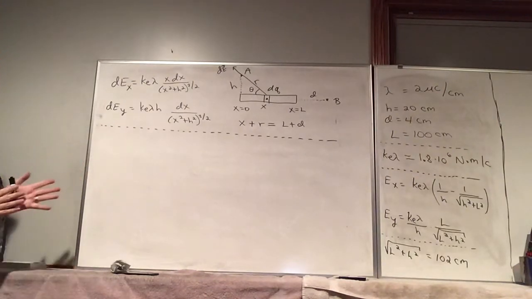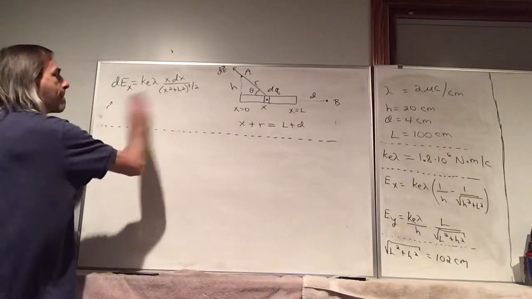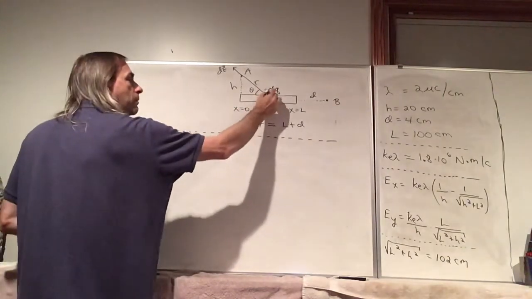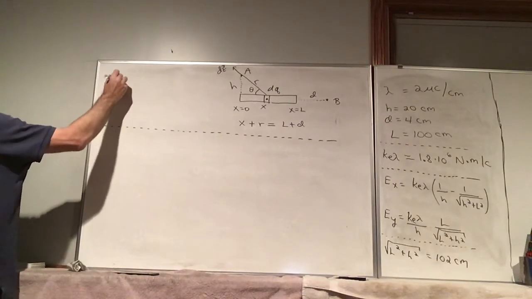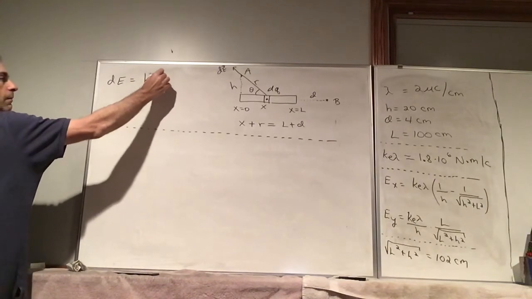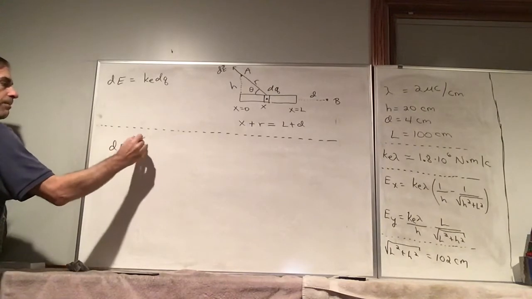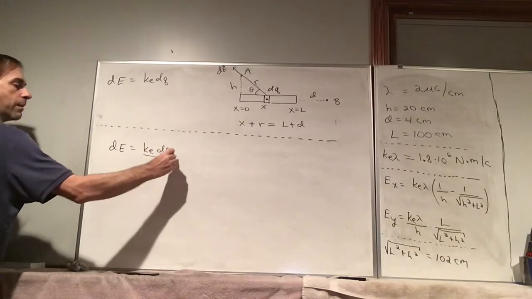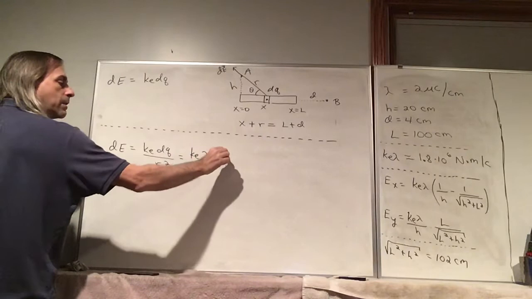And so let's set up the electric field. We don't need this anymore either. So again, we have our charge here at a location x. The electric field we get from that, dE, let's do it here again, and then we'll move it up. That would be KE dQ over R squared, and dQ is lambda dx.